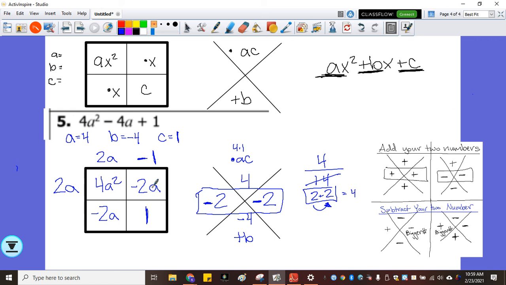And then this is the same one here. Of course, 2a times negative 1 gives me negative 2a. And negative 1 times negative 1 is positive 1, just to check it. So we have 2a minus 1 and 2a minus 1.